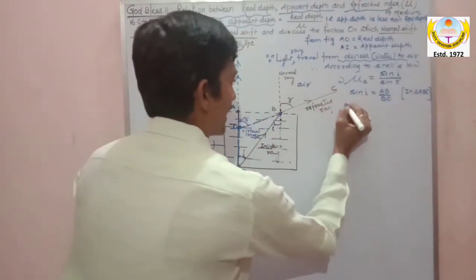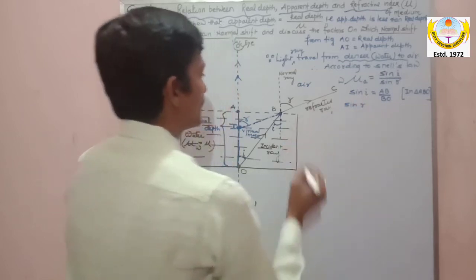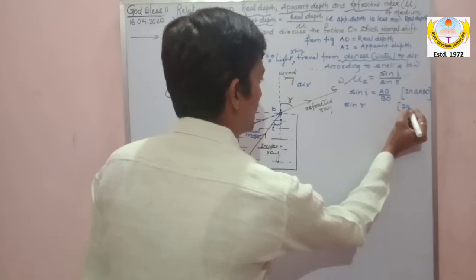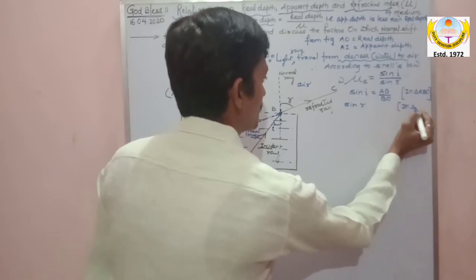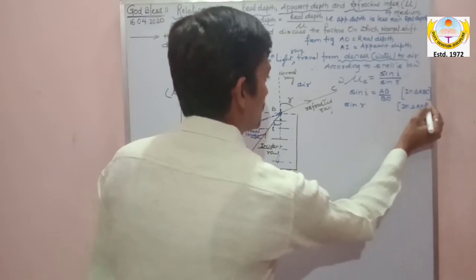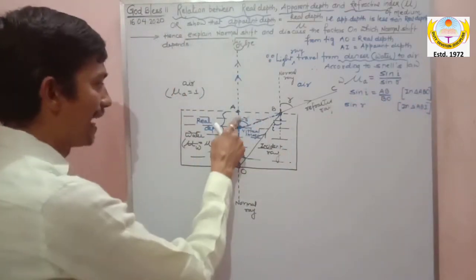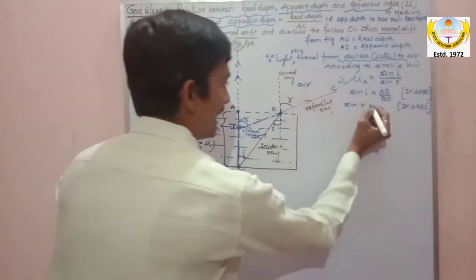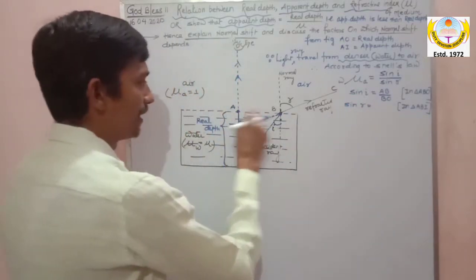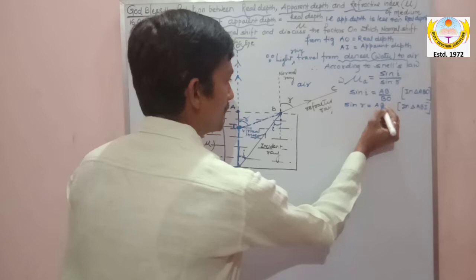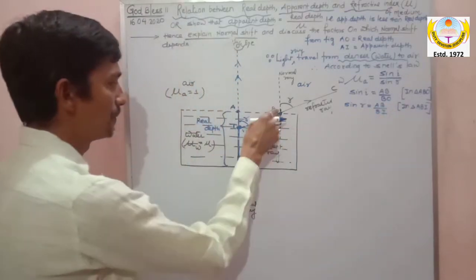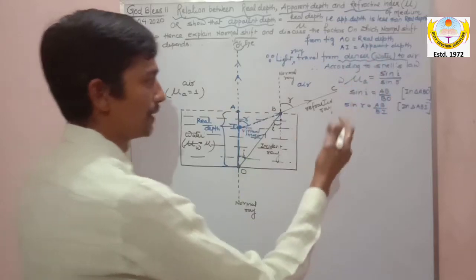Now what is sin R? You can check in triangle ABI. What is sin R? The opposite is AB and the hypotenuse is BI. And AB is the opposite. So simple.